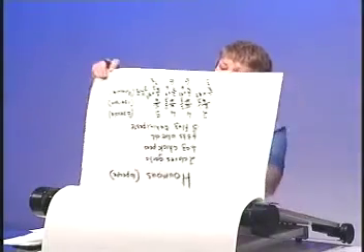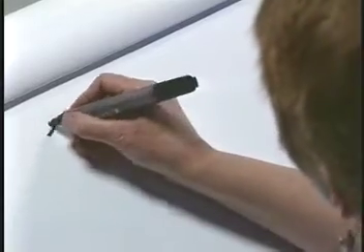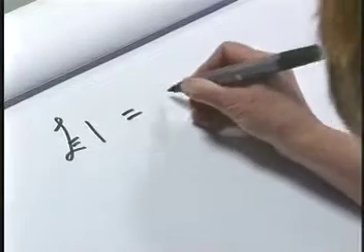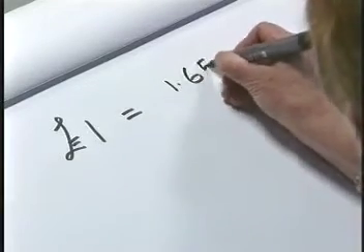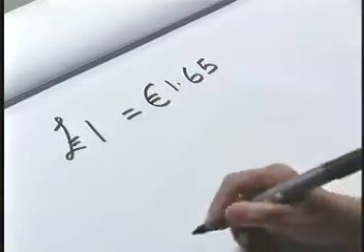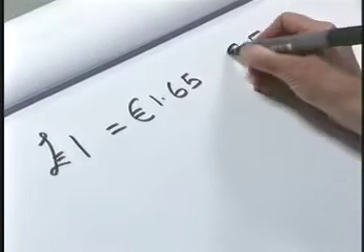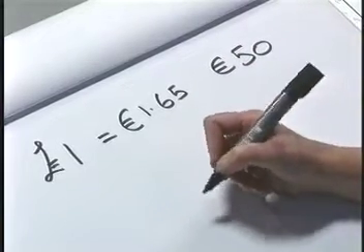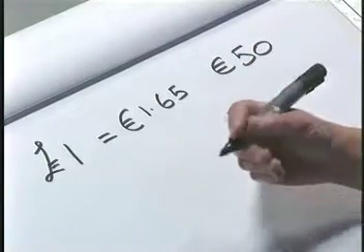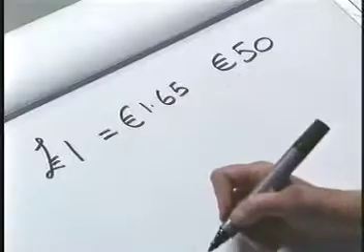In a similar way, you can use this method in conversion problems. If we had the conversion that £1 is the same as 1.65 euros, and I wanted to work out what 50 euros would be in pence to the nearest pence. What I like doing first is to work out what €1 is in terms of pence.